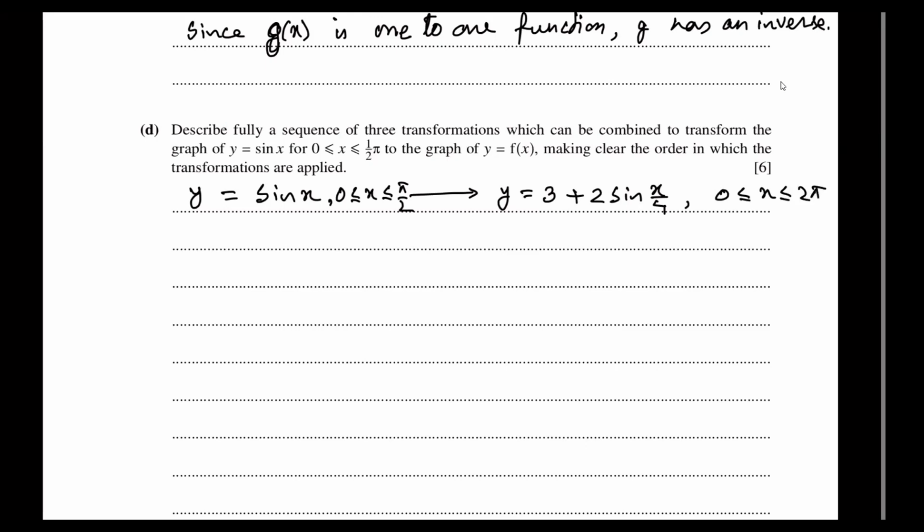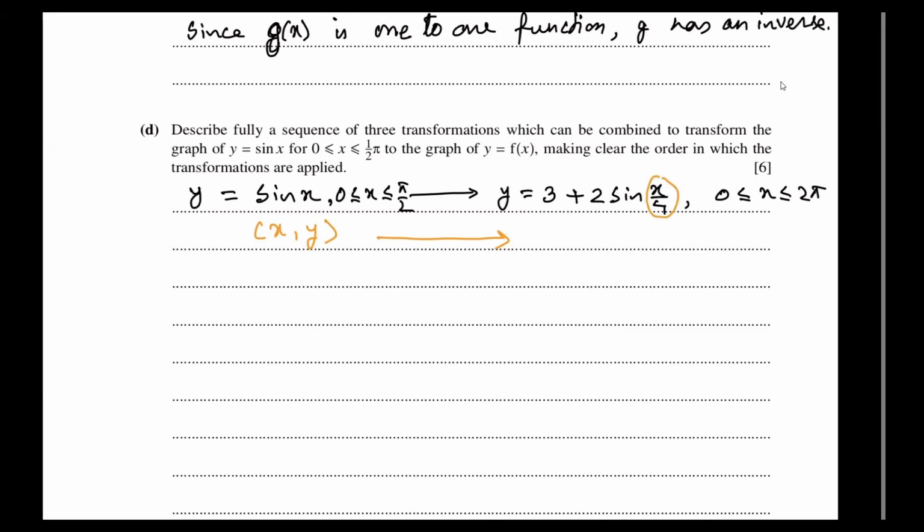What are the changes here? If we think of general points, this is (x, y), and the corresponding general point will change. There is a horizontal stretch of scale factor 4 because there is x by 4.